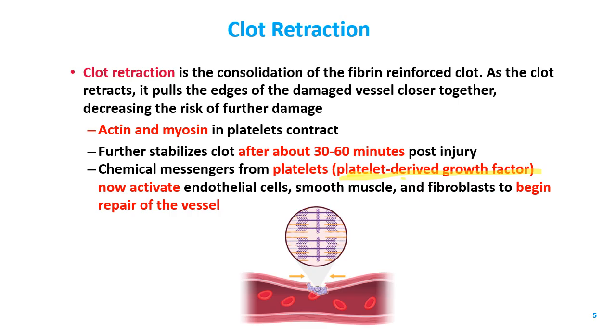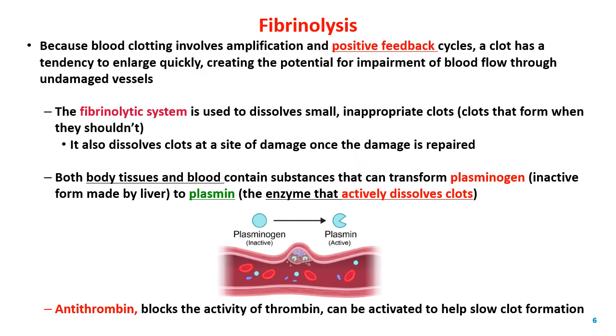Okay, and once the vessel is repaired, you go through the fibrinolysis, breaking down the fibrin plug. Okay, so what is going on over here? You have a certain enzyme floating around in the zymogen form, in the inactive form.